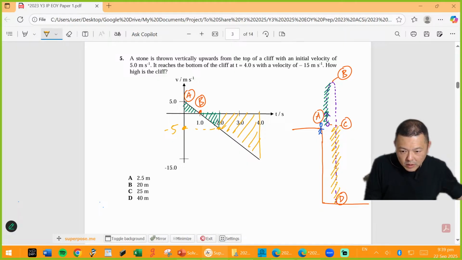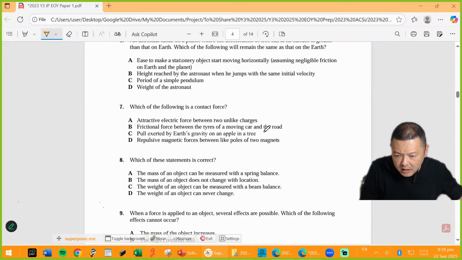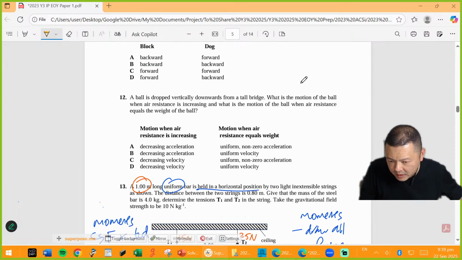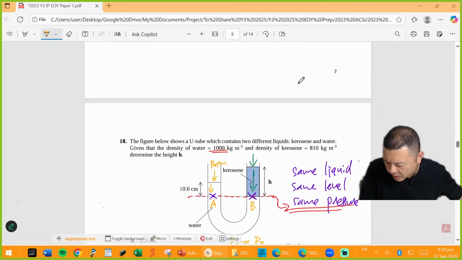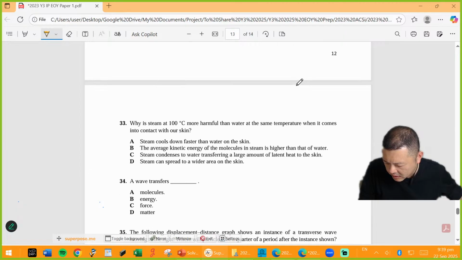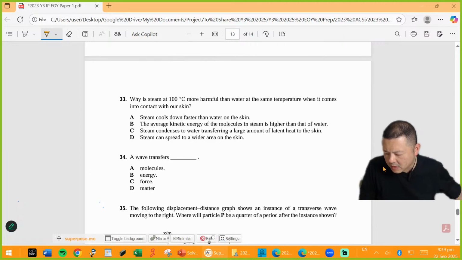Let's go on to, I think, Sarah's 18, 19. Okay, so more or less we cover everything. I think Nicola is asking for 33, is it? 33? Okay, why is steam at 100 degrees Celsius more harmful than water at the same temperature when it comes to contact with our skin?